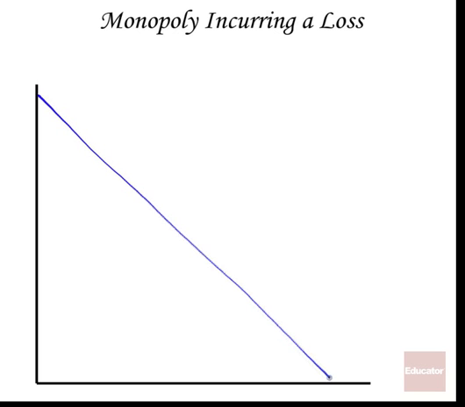So you have a demand curve right here, quantity, and you have the price, and you draw the marginal revenue, which is below the demand curve here. This is the marginal revenue, and you want to label MR equals 0 where it crosses the x-axis.